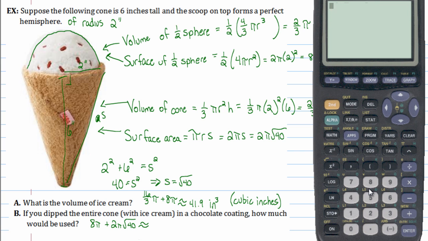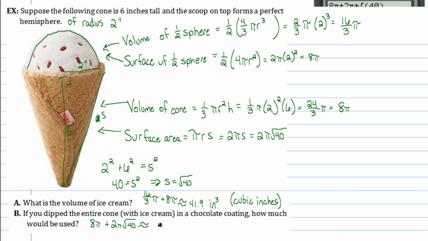And let's see, this is 8 pi, plus 2 pi times the square root of 40. 64.9, round to the nearest tenth. And this is surface area. Areas are square, so inches squared. Square inches. That's how much chocolate we'd put on top of that. I'm hungry, so I'm going to go eat dinner.